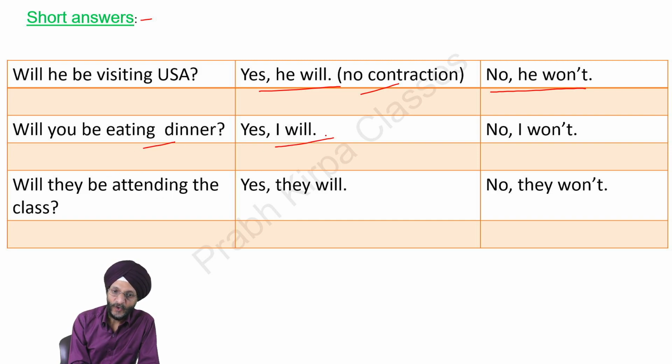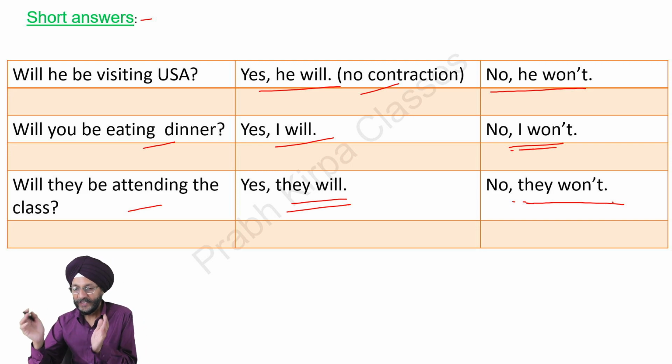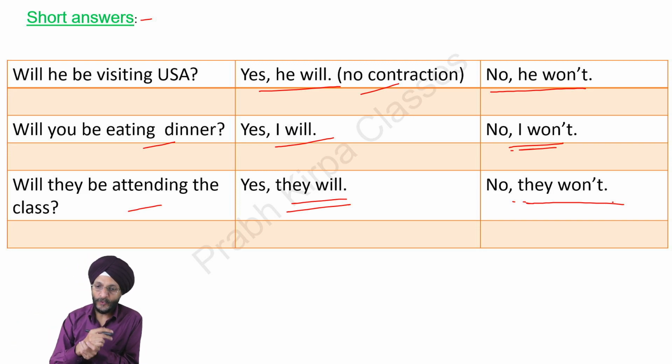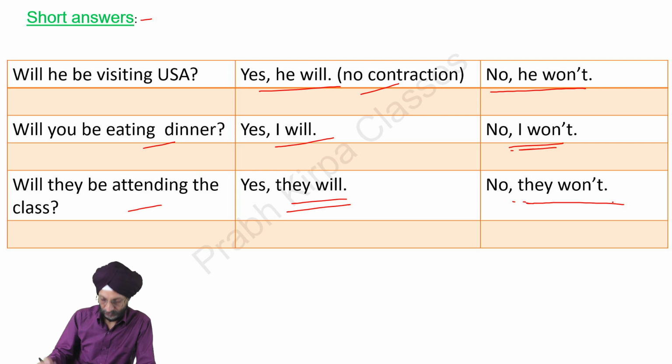There is again no contraction. In case of negative, you can say, no, I won't. Will she be attending the class? Yes, they will. No contraction between they and will. They have been written fully. However, in case of negative, in place of no, they will not, you will use no, they won't.